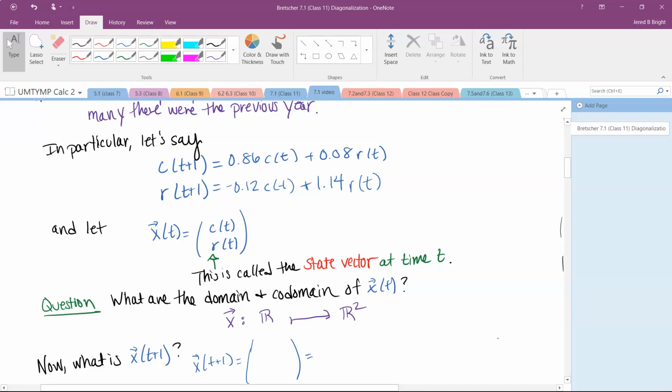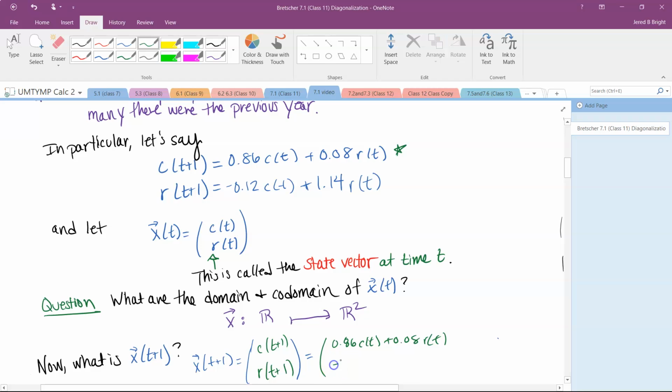Well, according to the definition, it is just going to be c of t plus 1 over r of t plus 1 in the second position, which we can expand and write as 0.86 c of t plus 0.08 r of t. Okay, just using the equations from above, right?